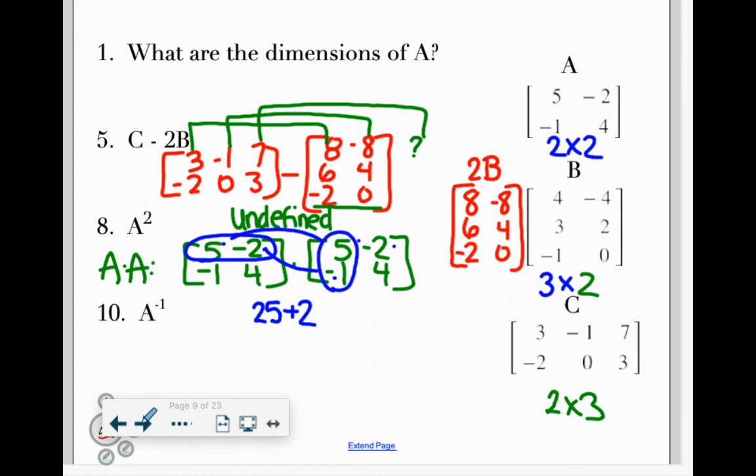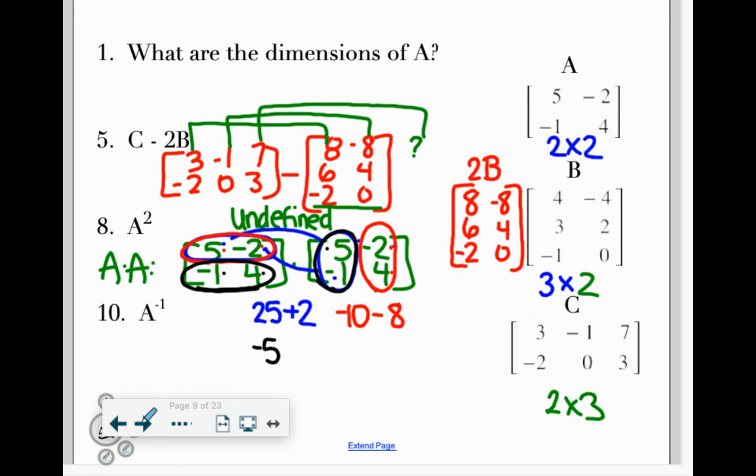Then I do the same thing, but with the first row and the second column. And I'm going to do 5 times negative 2. It's negative 10. And negative 2 times 4. And then I have to do the bottom row. Negative 1 times 5.